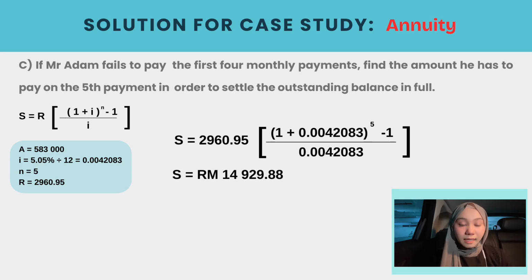Now we calculate S equals 2,960 ringgit and 95 cents multiplied by open bracket, open parenthesis 1 plus 0.0042083 to the power of 5 minus 1 close parenthesis divided by 0.0042083 close bracket. That gives us 40,929 ringgit and 88 cents.